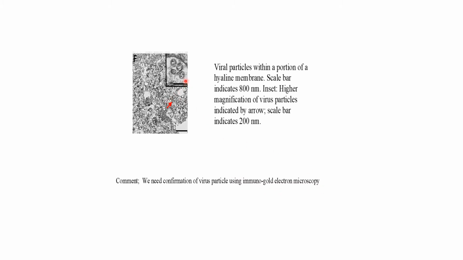I have not yet come across SARS-CoV-2 virus particles, in electron microscopy that is, where they have actually been identified as such. Morphologically, appearance-wise, size-wise, they seem to be virus particles. In other pictures I've seen, they seem to have spikes and everything, but nothing such as a specific technique that identifies them positively as SARS-CoV-2 virus particles. We need immunogold electron microscopy, please.